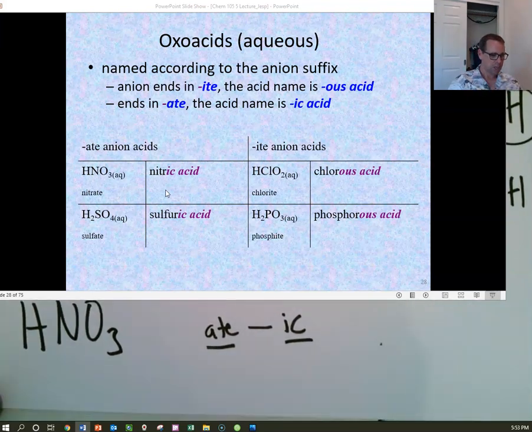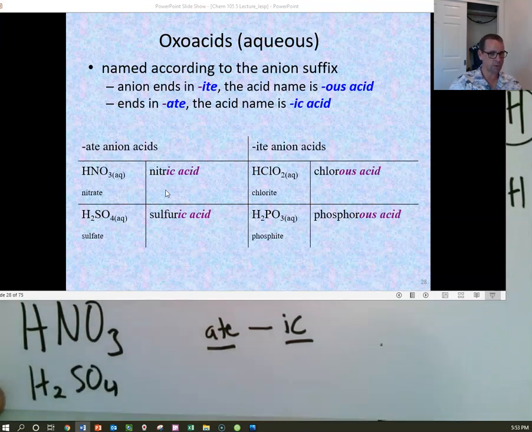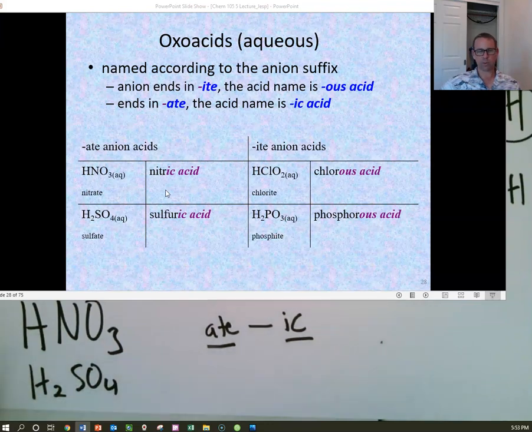Now, I don't know if you've ever heard of or seen this acid before. H2SO4, have you ever heard of that before? That does sound familiar. All right, what's the SO4 ion called? Sulfate. So what would it be then?